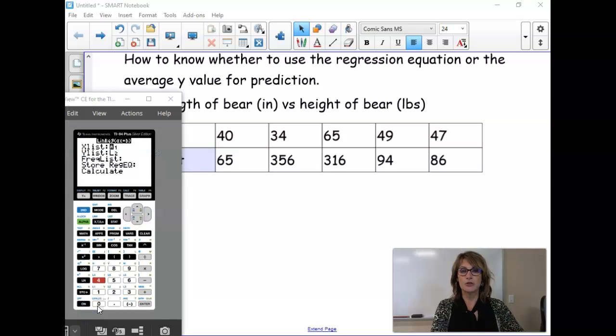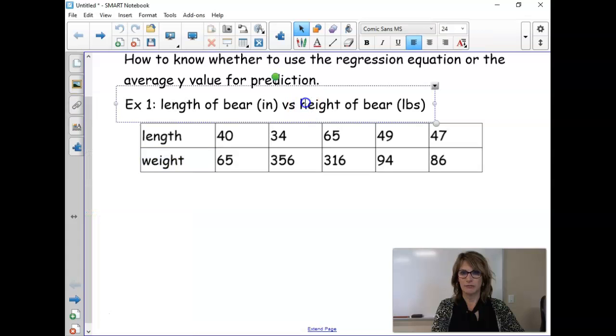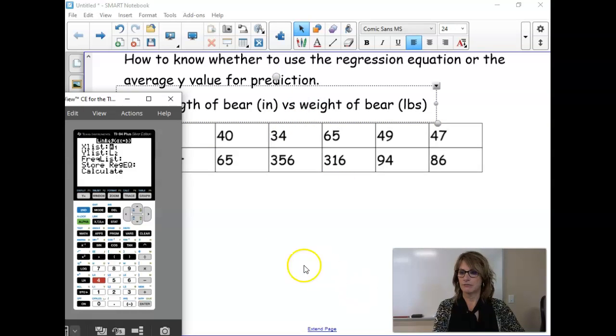Okay, so now you should have been able to get the length of the bears in list 1 and the weight of the bears in list 2, the relationship between the length in inches and the weight in pounds.